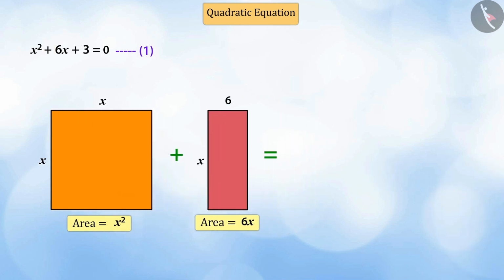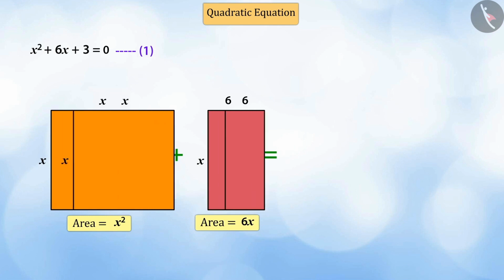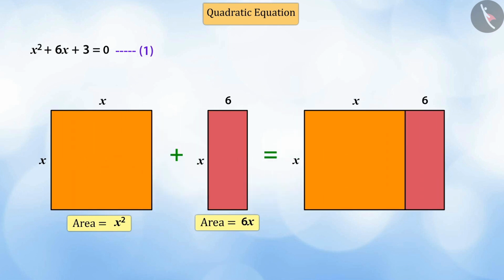Well done! If we combine the given square and rectangle, we shall get a new rectangle whose area will be equal to the sum of the areas of the square and the first rectangle, which means that its area would be x to the power 2 plus 6x.